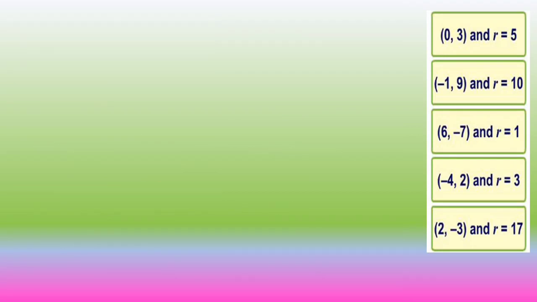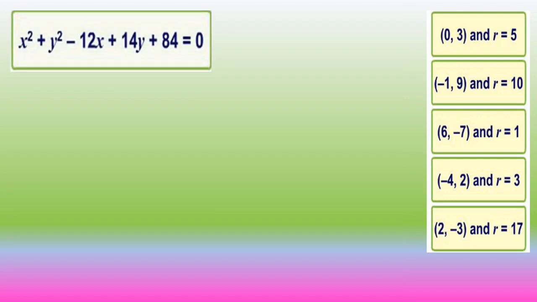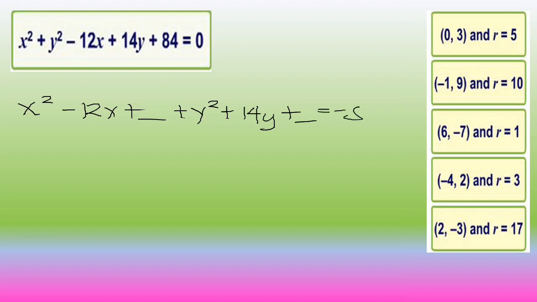For our second example, we group according to x and y. So we have x squared minus 12x plus blank, then plus y squared plus 14y plus blank is equal to negative 84 plus blank plus blank.